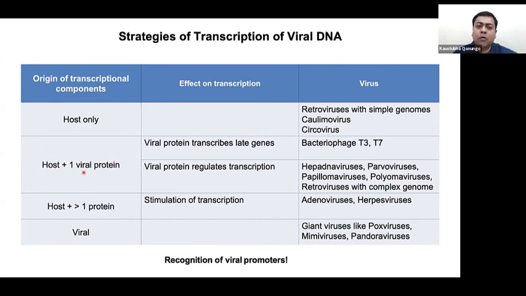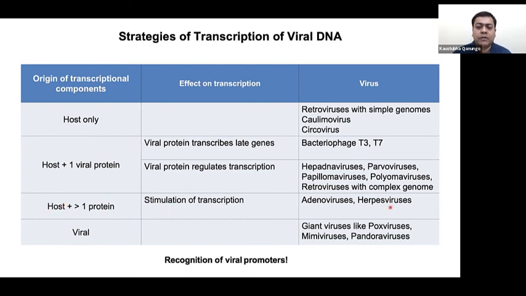This one viral protein is the viral transcription factor. So here, this is the host transcription factor only required for the transcription. Here, some of the host transcription factors, there are hundreds of transcription factors, and at least one viral protein.